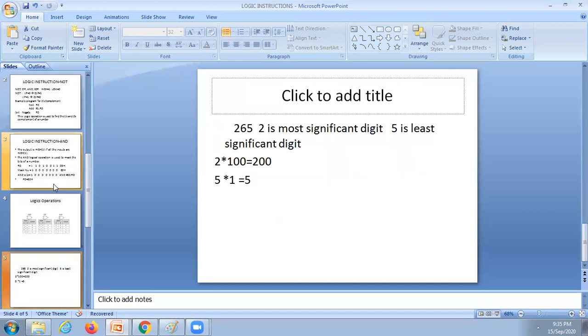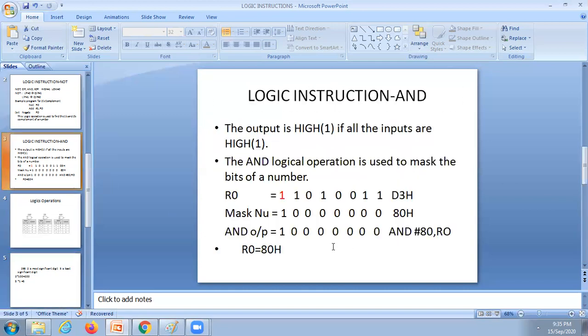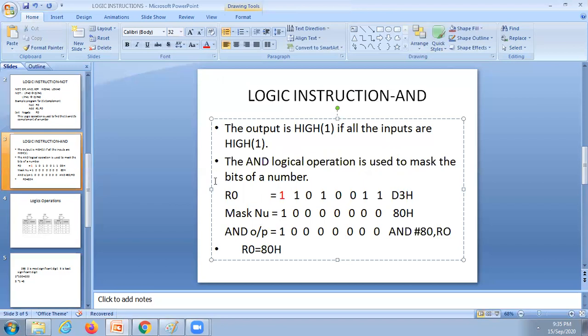Here, if you apply the same operation with OR, what will you get? Suppose R0 is D3H. I will copy it here.